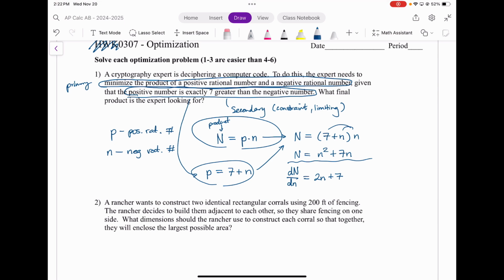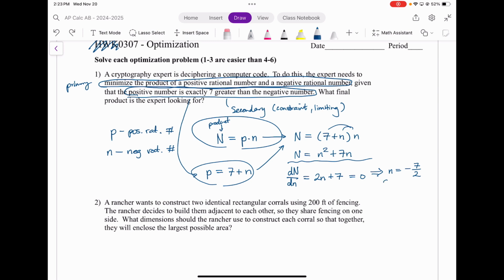Little n is the negative rational number. So for us to have an extrema, this has to equal 0. That happens when little n equals negative 7 over 2. Notice how this is a negative rational number, which is what they said it would be.